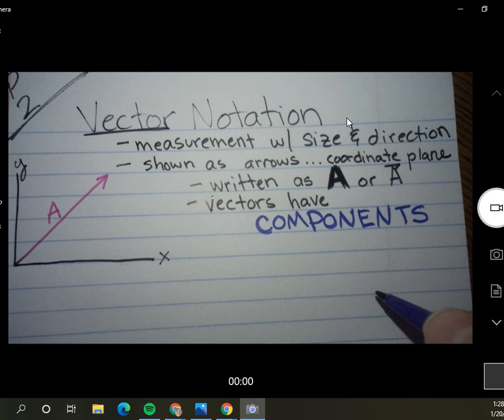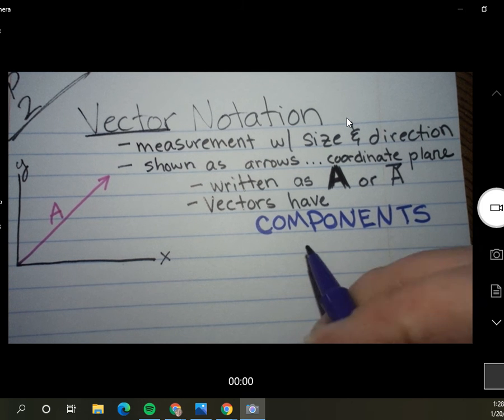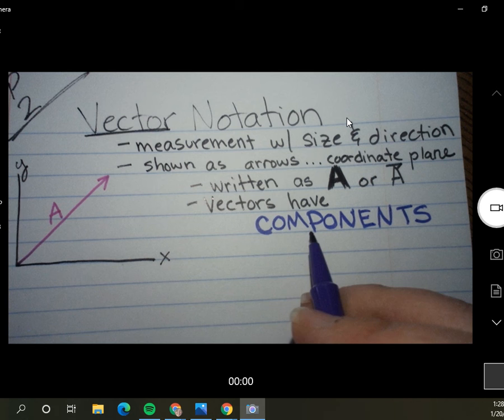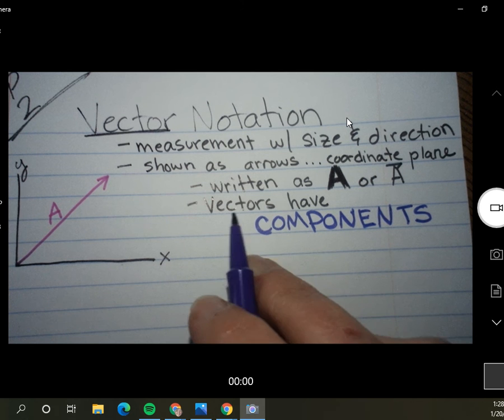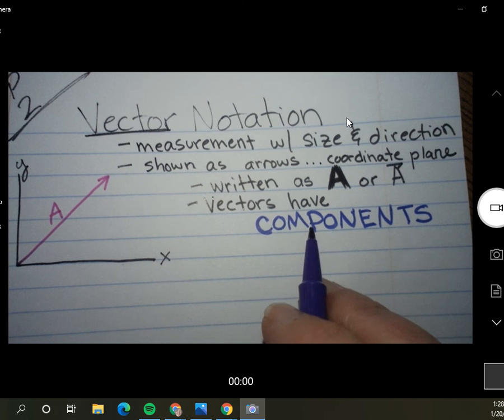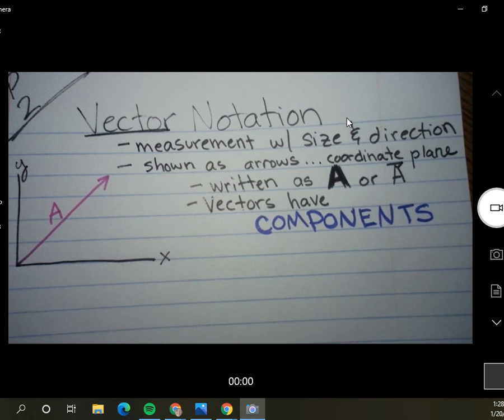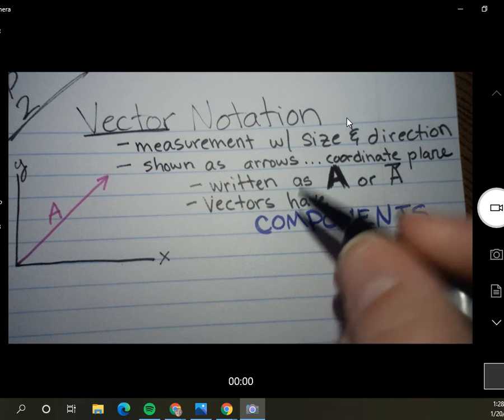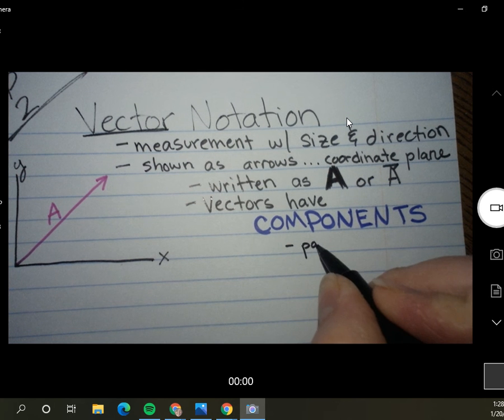If something is a component or a factor, then it is a part. So vectors have parts. We probably want to write that down: parts of a vector.